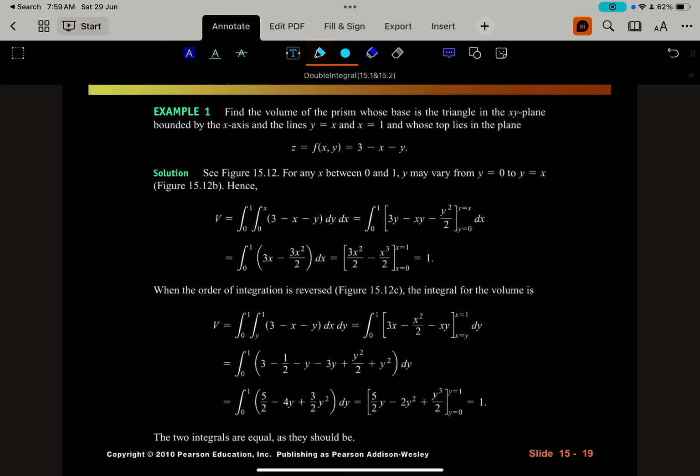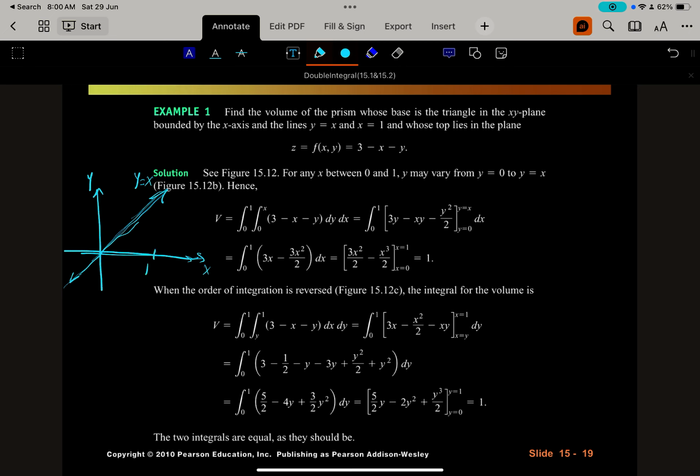So let's try to draw this region first. I already had it drawn, but let's draw it again. Now this is the x-axis, this is the y-axis, okay, and then we have the line y equals x, which is just this line. Basically this line, y equals x, and then we have also the x-axis. So we have the x-axis, and we have the line x equals 1.